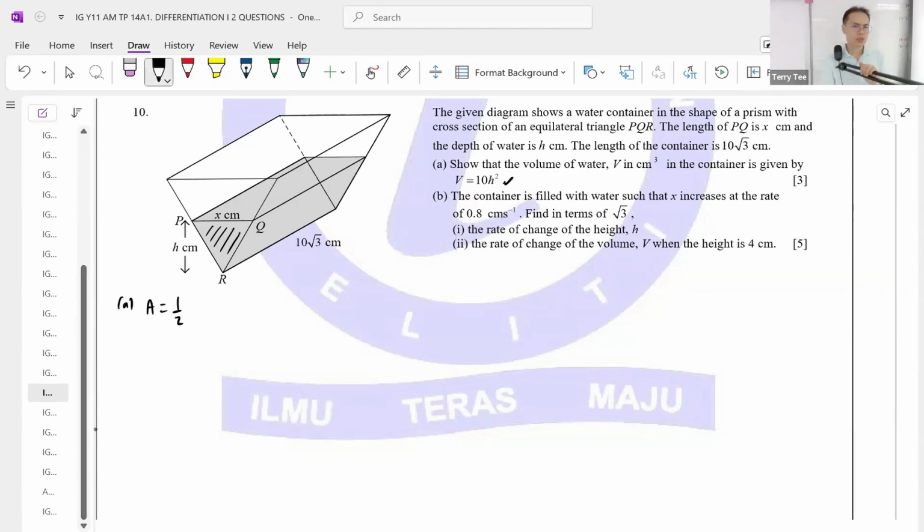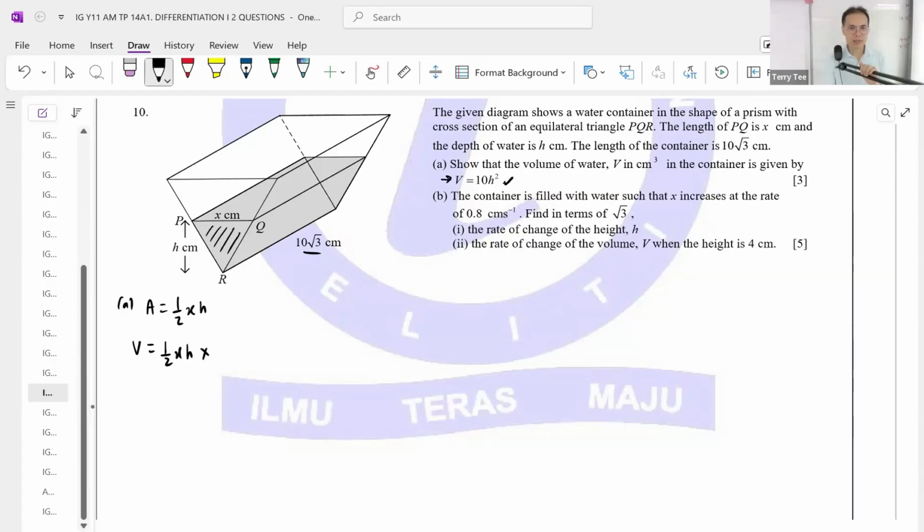We know area is a half times base times height. Your base is x, your height is h. Now, the problem is your answer is in terms of h, with no x. So the volume is the cross-section area times the length.